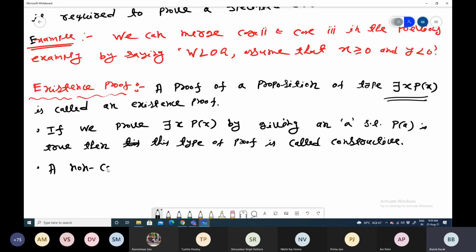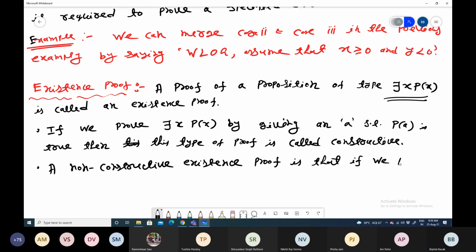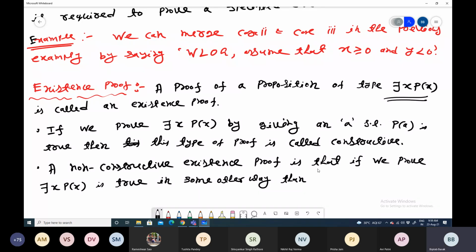So a non-constructive existence proof is that if we prove "there exists x, P(x)" is true in some other way, without finding an A such that P(A) is true.